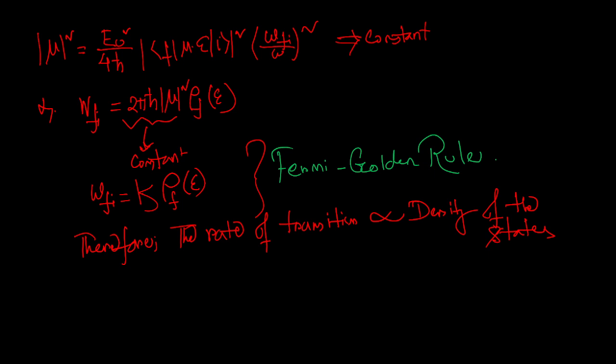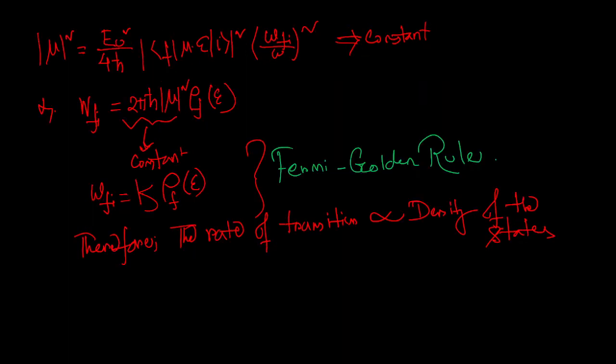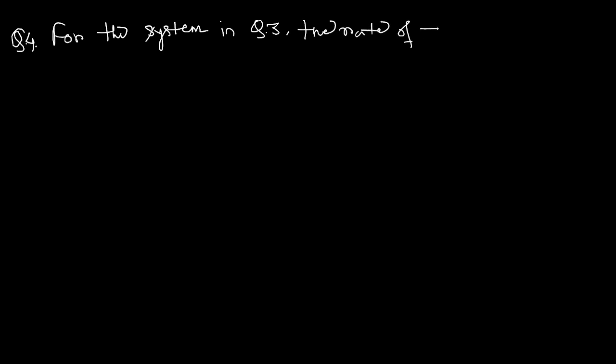So now let's look at question number 4. For the system in question 3, the rate of transition A5 is expressed as.